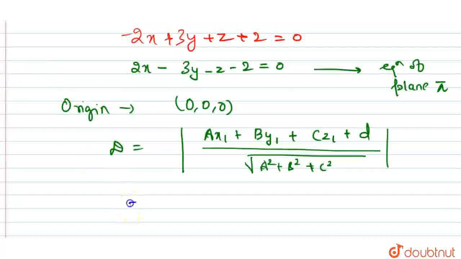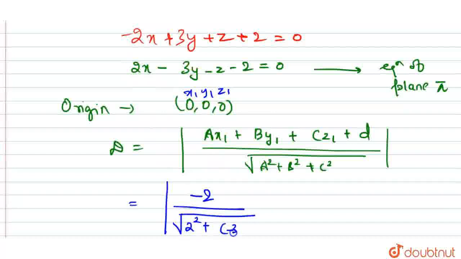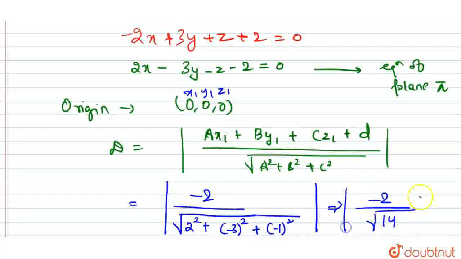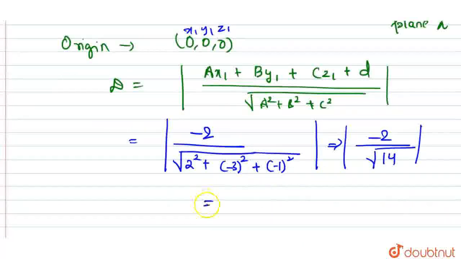Here x1, y1, z1 are 0, 0, 0, so these three terms will be 0. We are left with -2 only upon root of 2 square + (-3) square + (-1) square, which is -2 upon root 14 under mod. When we remove the mod, it becomes 2 upon root 14.